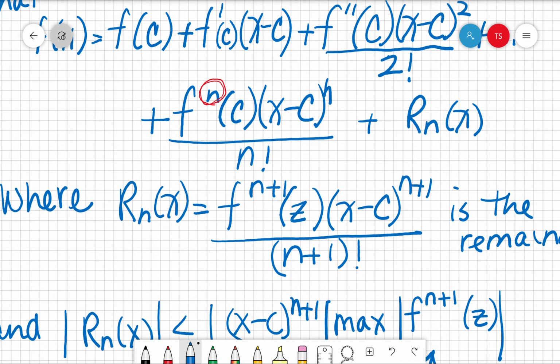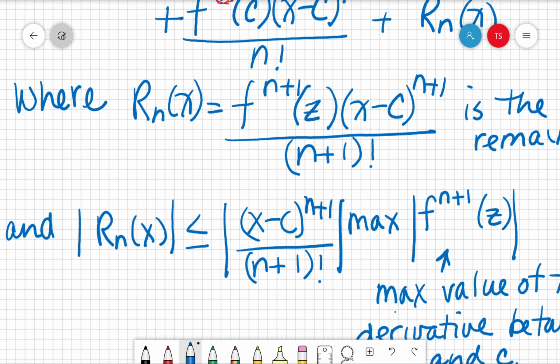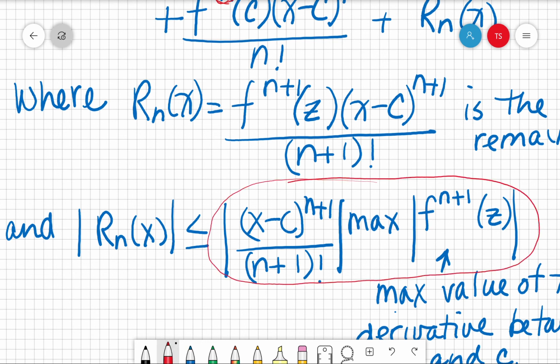And then we also know that the remainder will be less than that term. That's essentially your error in using the polynomial to approximate the value of whatever function you're evaluating.